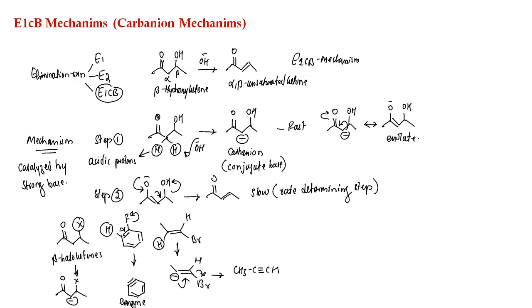Compounds of this form are known as enones. So these compounds are made through the E1cb mechanism. For example, we have a starting material.